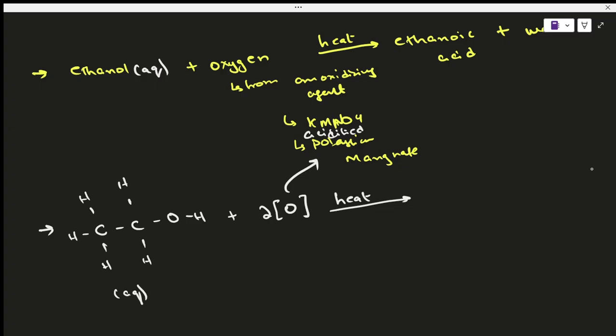And how are you going to form it? Remember we said that what happens in oxidation is removal of hydrogen and addition of oxygen, right? And here you have an OH group and you have two hydrogens. Because we're going to add an oxygen, these two hydrogens are going to get removed, so the structure looks something like this.